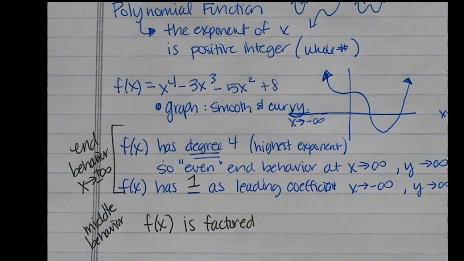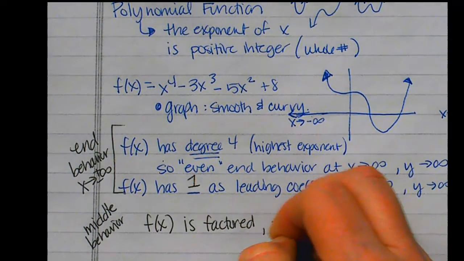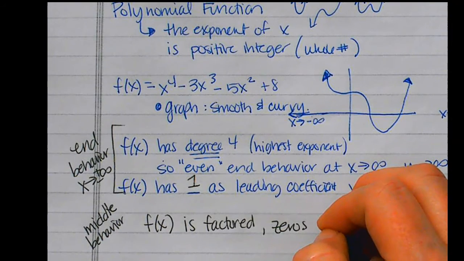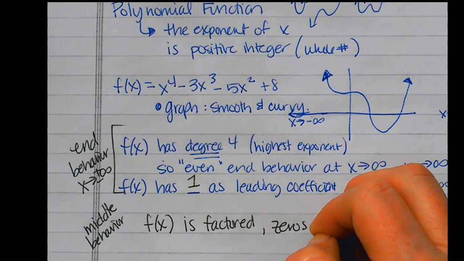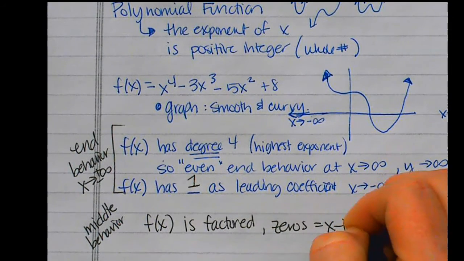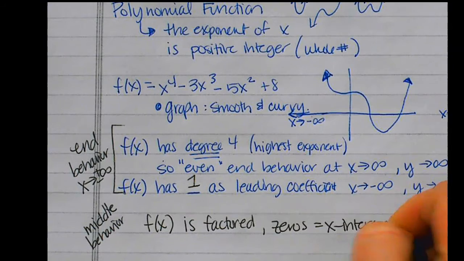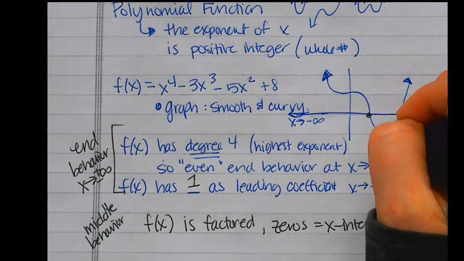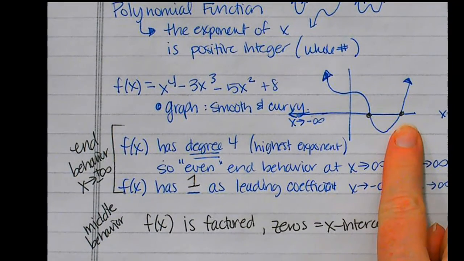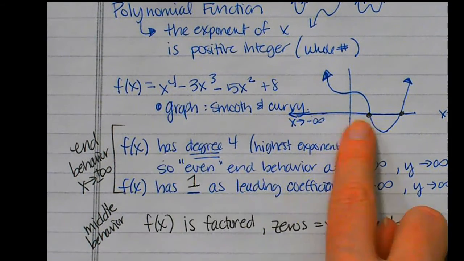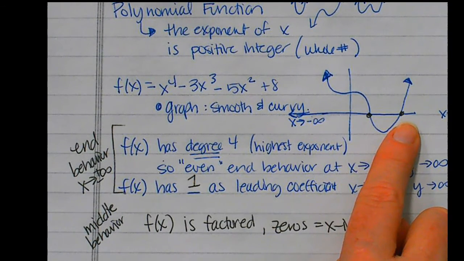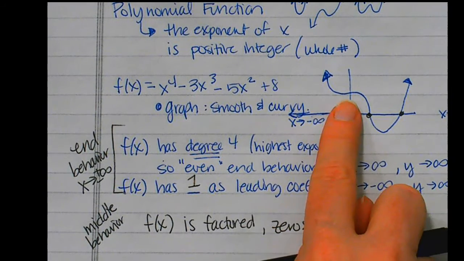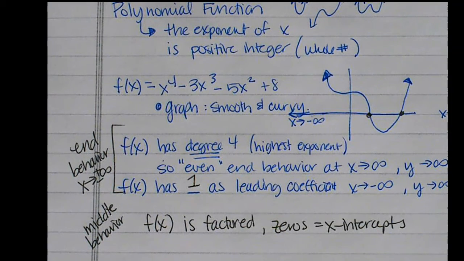But when it's factored, we get the zeros, and the zeros equal x-intercepts, and those are points like this. I just pulled this graph from the book. I don't know exactly what those points are, and I should have 4 of them, and I only showed 2. So I've got some imaginary roots too, so I don't see them all.